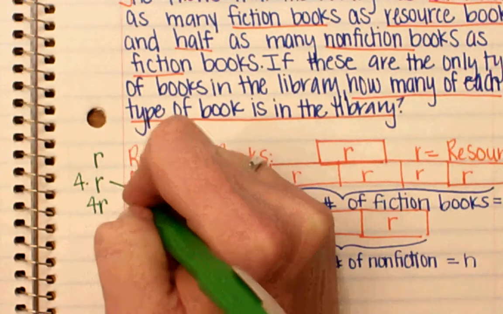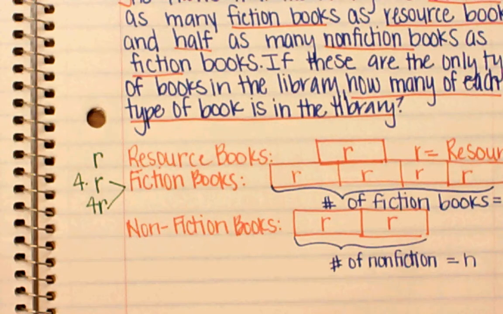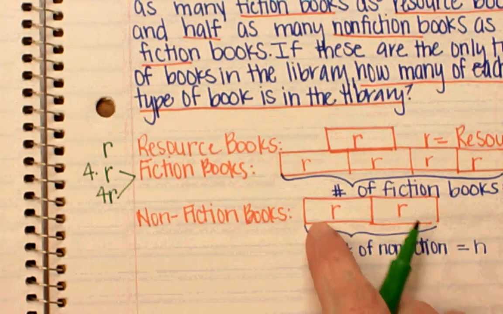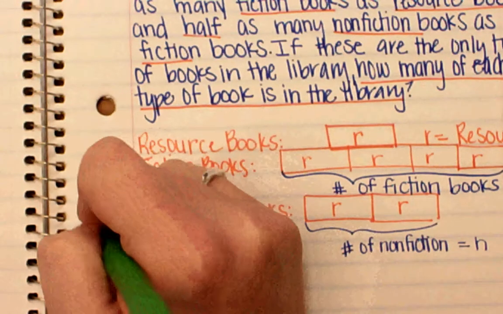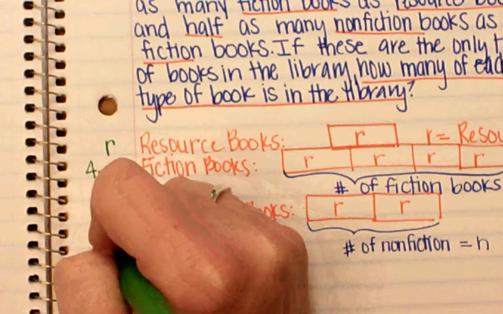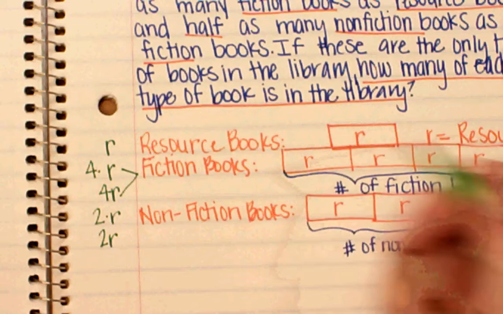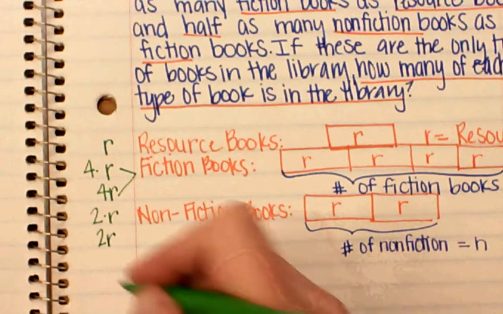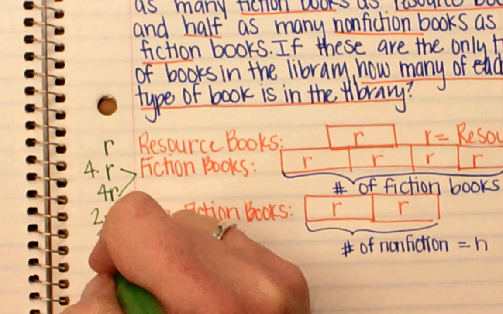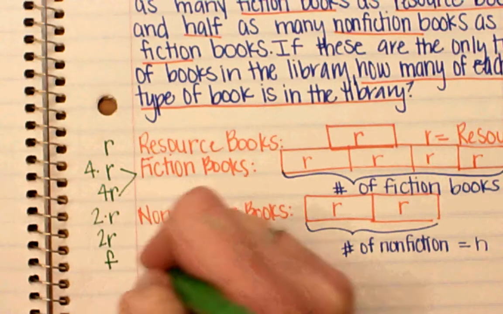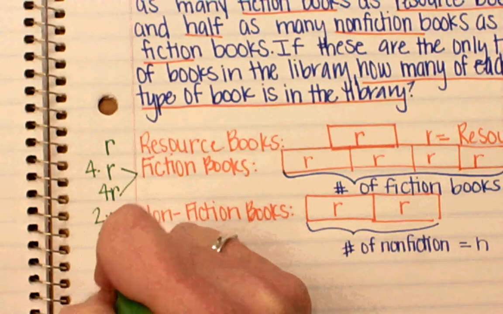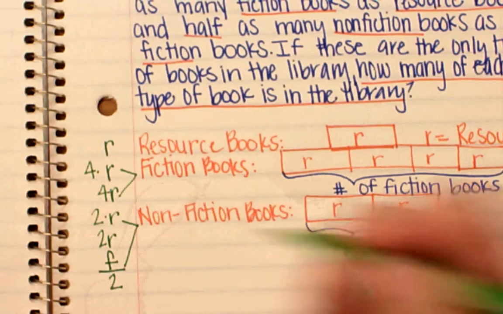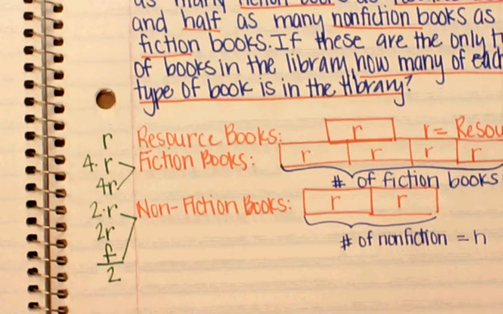Those both represent fiction books. For nonfiction, there's 2 boxes with R in each, so it could be 2 times R or 2R. Or you could even put that it is half of fiction. If it's half of fiction, it would be F, which stands for fiction, divided by 2. So this one actually has 3 equations you can use for it.